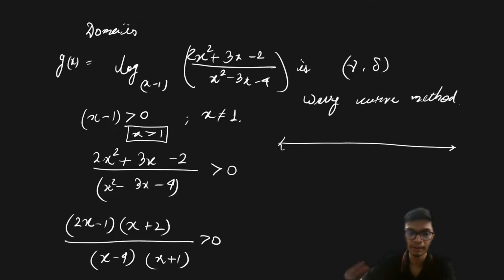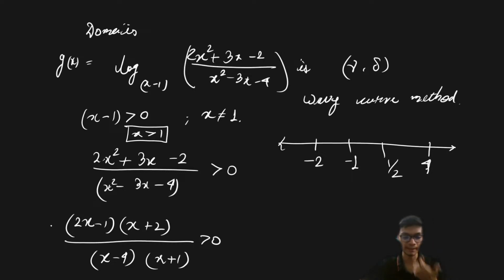From the Wavy-Curve method, I will plot the critical points. The critical points are minus 2, minus 1, which are the roots of the given factors, and then the first coefficient of x is positive, so I will start with positive, negative, positive, negative, positive, right? I need only the values of x for which the region is positive.